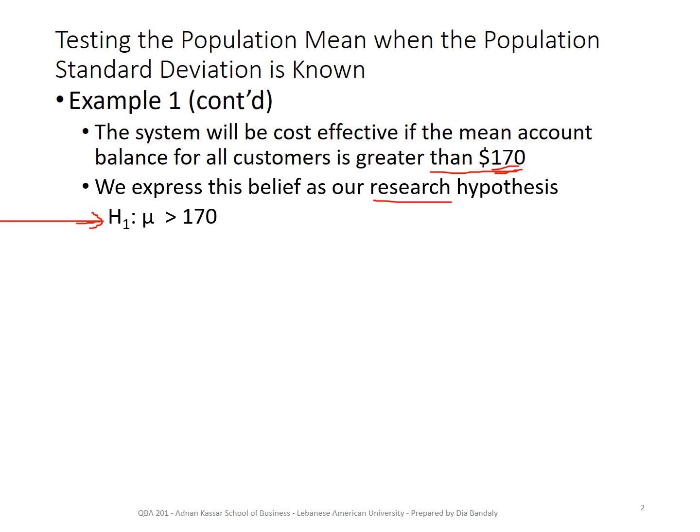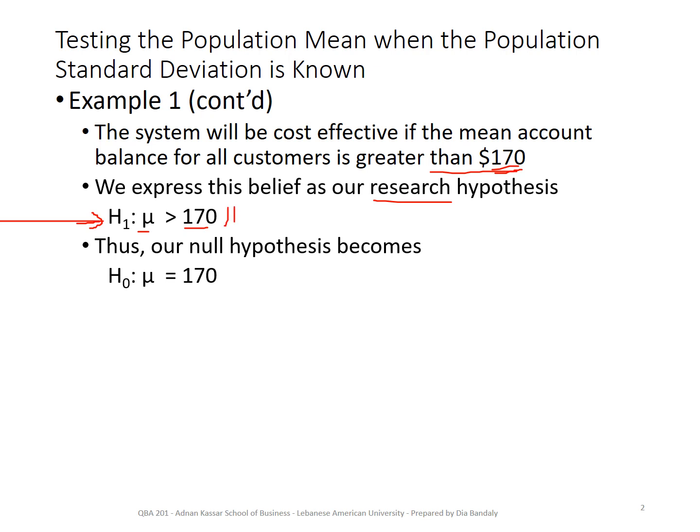Once you have the alternative hypothesis, then the null hypothesis comes automatically, right? Because if I have a mu here, I will have a mu in the null hypothesis. This value will be seen there, and the null hypothesis always has the equal sign. So here we go. All right. So always focus on developing your alternative hypothesis. The null hypothesis comes automatically.